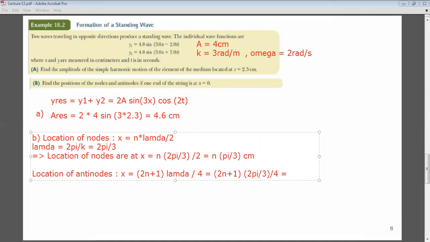And this will give me 2n plus 1 pi over 6. Okay, and with this, I have reached the end of this problem and also the end of this lecture. Bye.